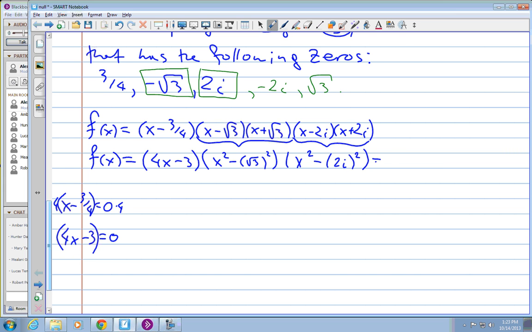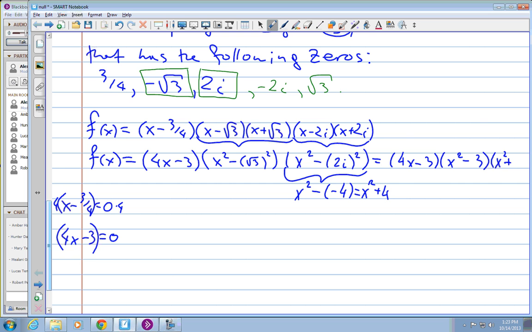So this takes us to 4x minus 3, x squared minus 3, and then x squared. What is 2i squared? What is that going to equal to? Well, negative 4, right? It's negative of negative 4, like that. Minus in between, and then i squared is a negative, so really that becomes x squared plus 4.